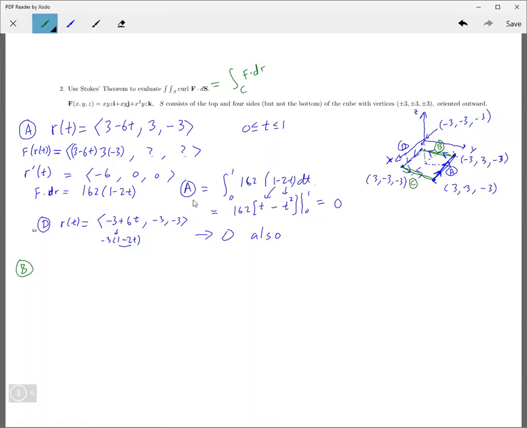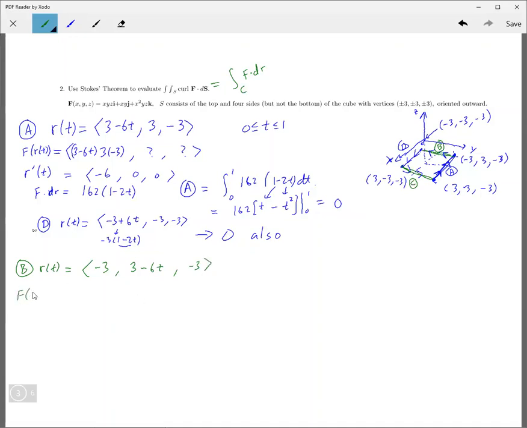So only the y one changes. The x one is negative 3. The y one goes from 3 to -3, so that's 3 minus 6t. When t is 0, this is 3, when t is 1, this is -3. And the last one is -3.